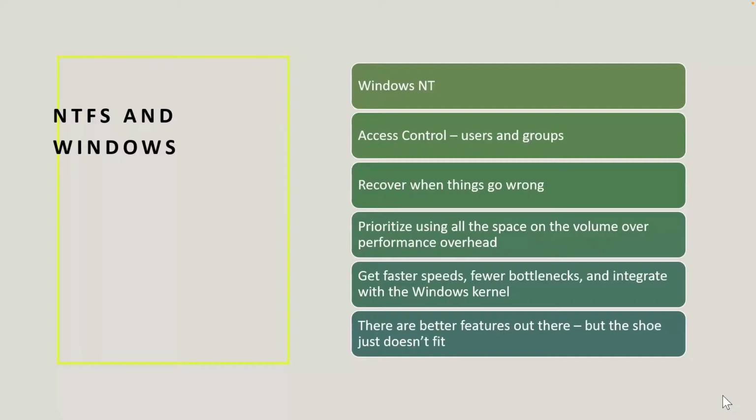So you had the breaking point where people no longer could just use 4 GB FAT file systems, so they had a new one come up. The most important feature here was access control. So you had permissions for users and groups, similar to how you would very easily do it in Linux. You still don't need to do that in Windows, but you have the option to.